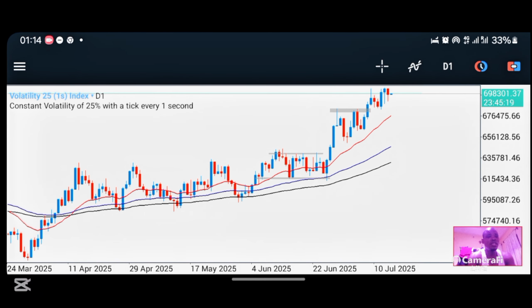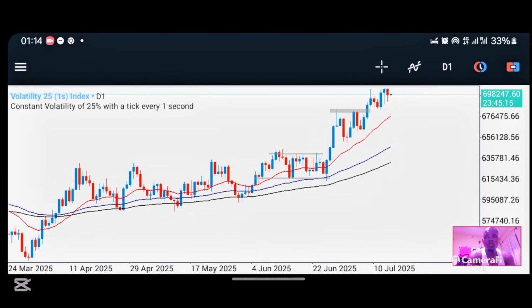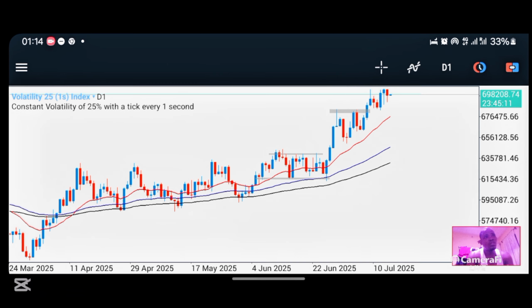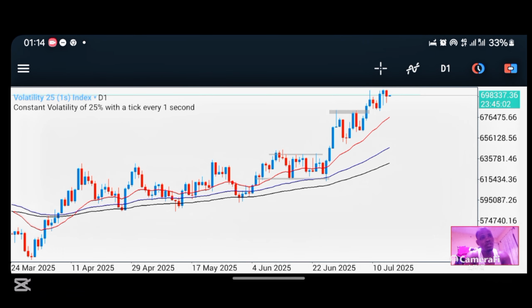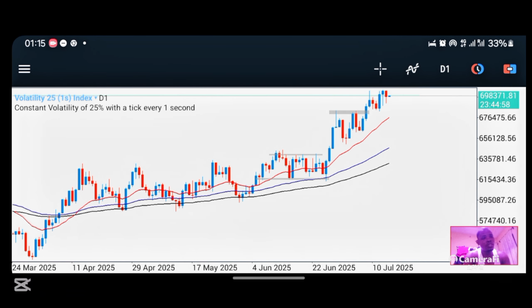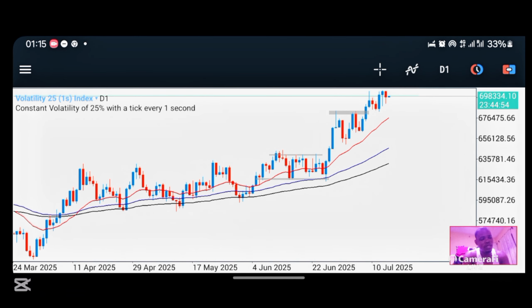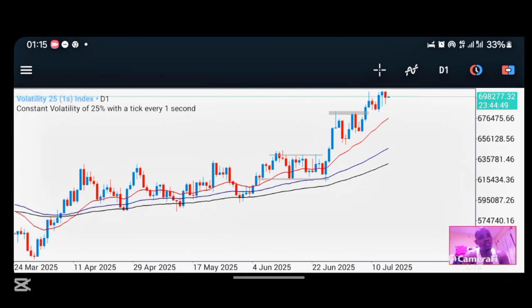And the technical analysis is just based on predicting the future of the price, from the past to the present and to the future, to know exactly where the market is going. So that is what the technical analysis is all about.